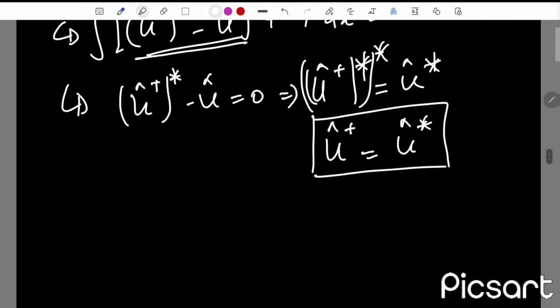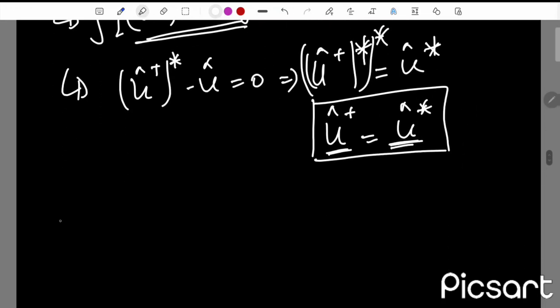Again, here we are concluding that if u of x, y, and z is a multiplicative operator, then its conjugate will be only equal to the complex conjugate of the operator.